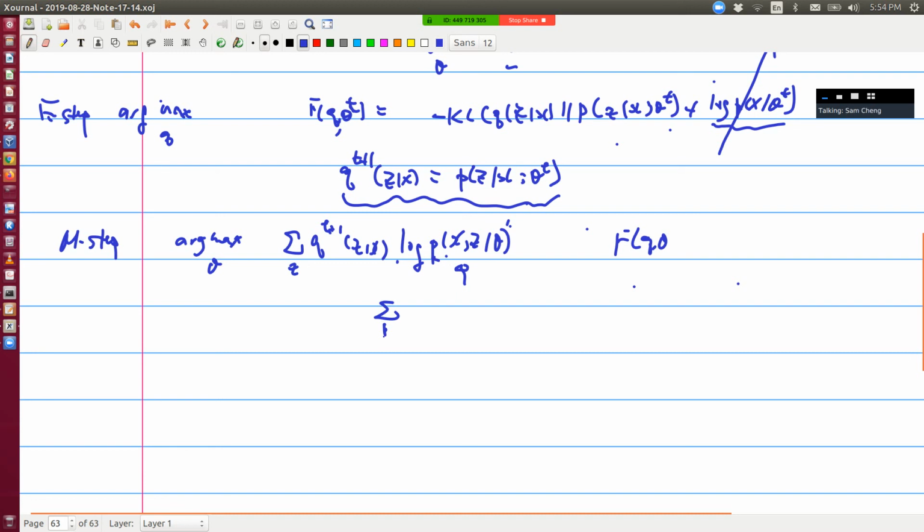If I have a Gaussian mixture, this is a Gaussian mixture model, right?